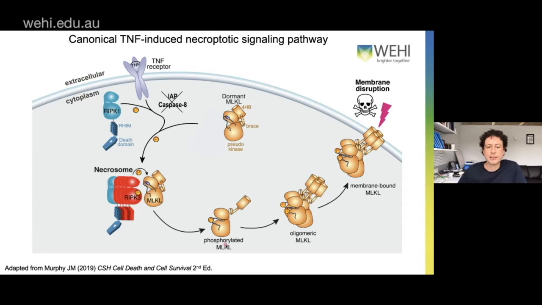Once phosphorylated, this causes a conformational switch in MLKL, which liberates the N-terminal domain, promotes the formation of phosphorylated oligomers of MLKL, and these phosphorylated oligomers of MLKL then have the propensity to associate with membranes and disrupt their integrity, thus causing membrane lysis and cell death.